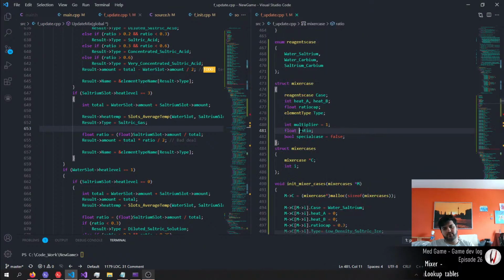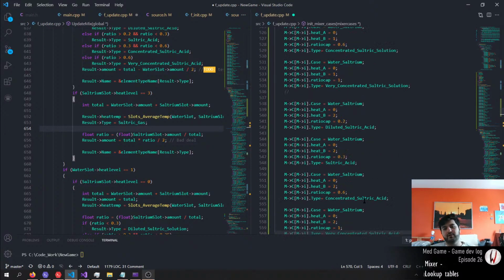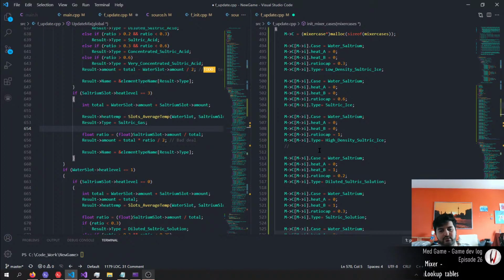No, but it's not going to work because ratio is not a pointer. So let's make ratio a pointer. And multiplier equals the dereference of that pointer over 2. Not sure if this one works, but yeah. Alright, so here we handle the case of water equals 1.